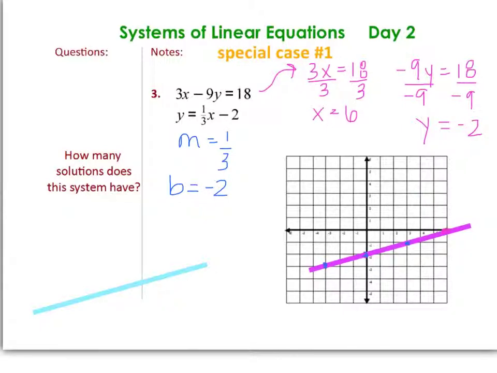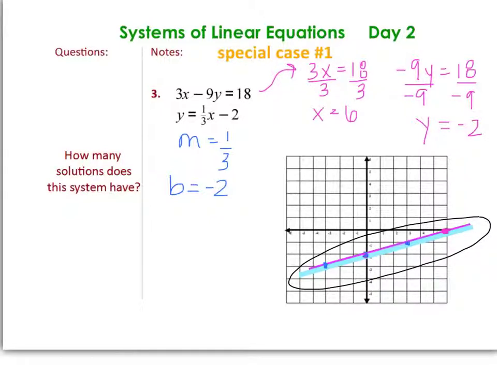Well, uh-oh. When I go to graph this line and I put my blue line over my blue dots, what happens with these lines? They're the same line. If you look at that, they both begin at the same point, and they're the same line throughout the whole problem.